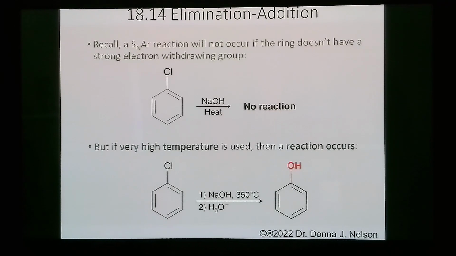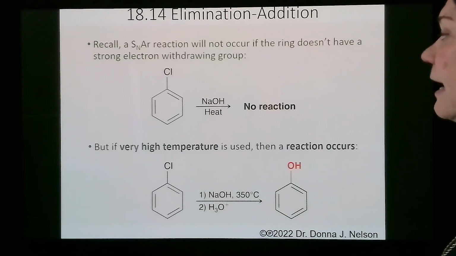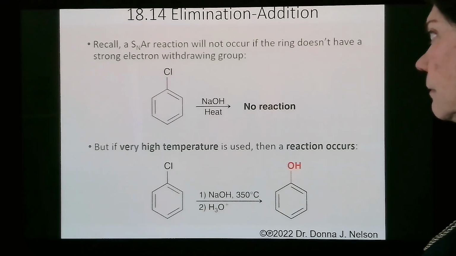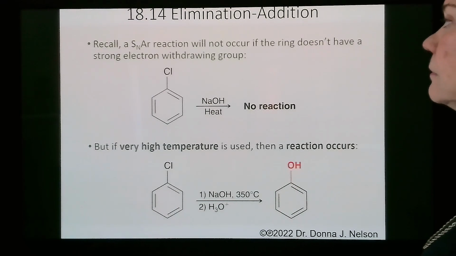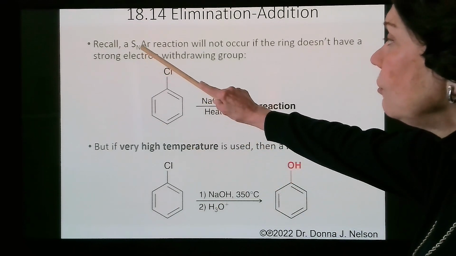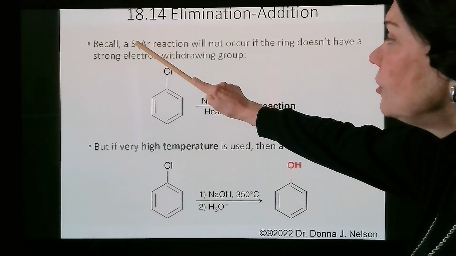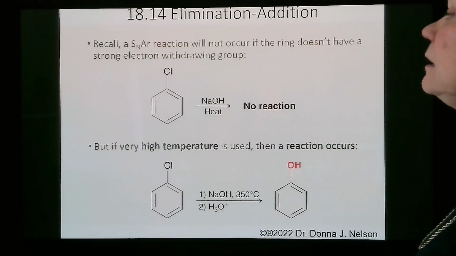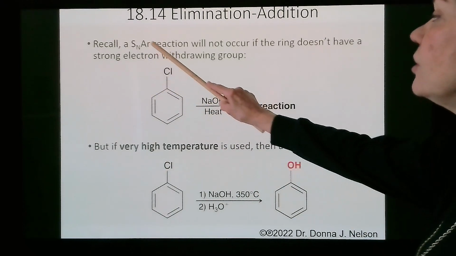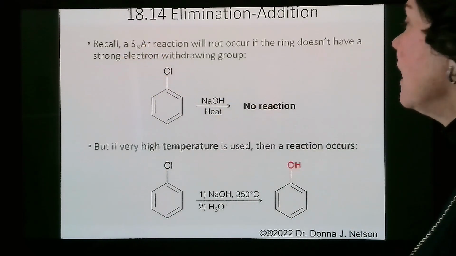Now, for the third and final reaction: this is nucleophilic aromatic substitution, and that is the abbreviation.